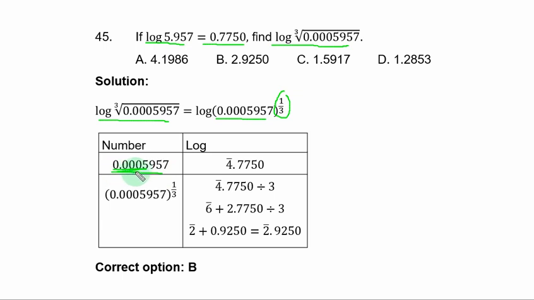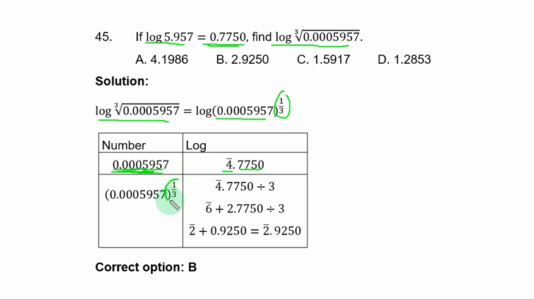If you put this number in standard form, you are going to have 5.957 times 10 to the power of minus 4. The power of minus 4 becomes the integer part or characteristic part, and it's written as bar 4. If you check the log of 5.957, it is already given to you in this form, so you have it there.